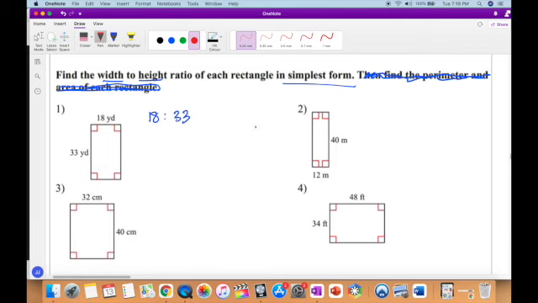Yeah, it can actually. This is a ratio of 6 to 11, right? So this is just an example of how to do this question when it comes to the width, 18, and the height, 33, right? And of course, I'm using height as the vertical one.